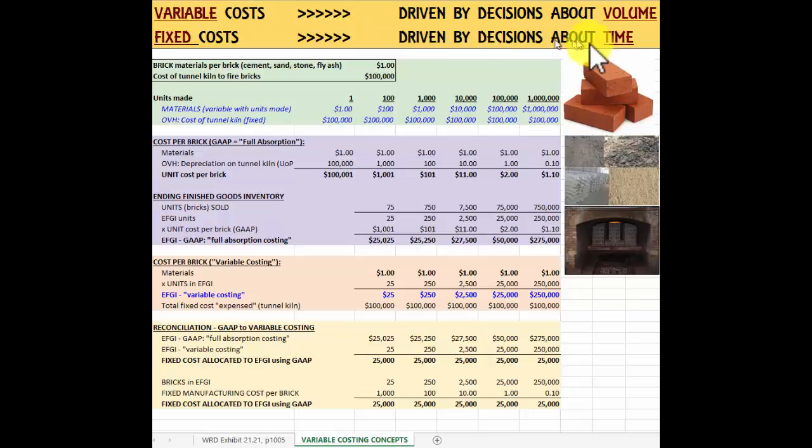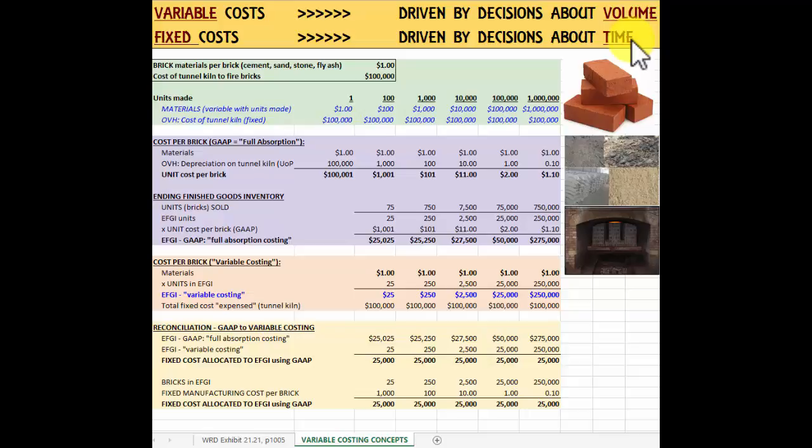On the other hand, if a manager makes a decision about time, then that manager can control fixed costs. If the income statement separates variable costs from fixed costs, then the manager can very easily see which costs he or she can control by either controlling volume for the variable costs or time for the fixed costs.